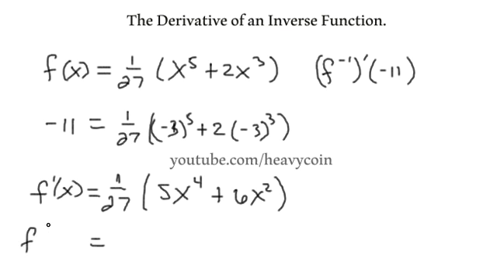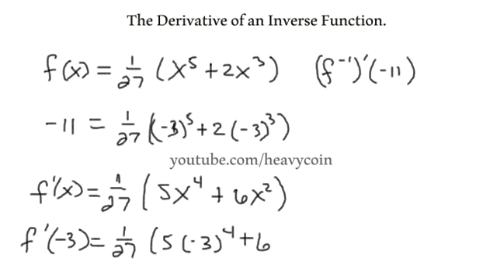So f prime of negative 3 is 1 over 27 times 5 times negative 3 to the 4th, plus 6 times negative 3 squared. And that is going to be equal to 17. So this guy right here is going to be 1 over 17.